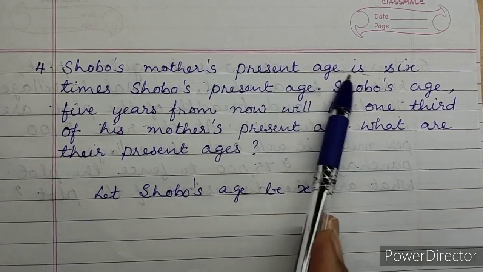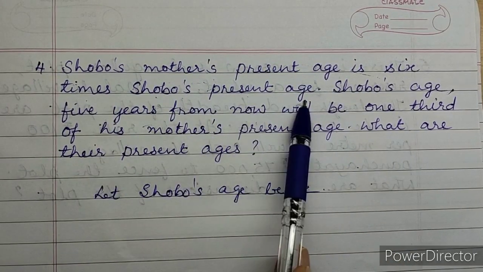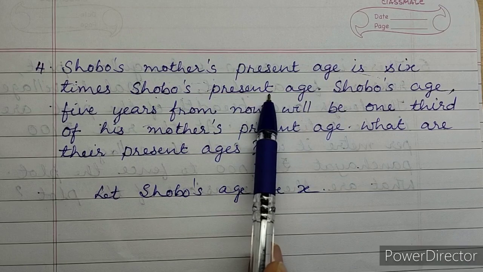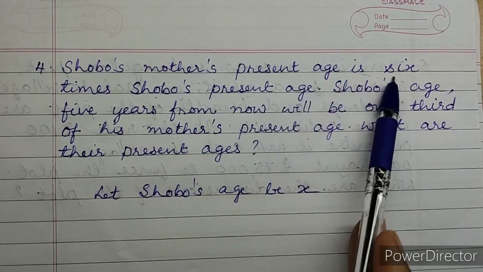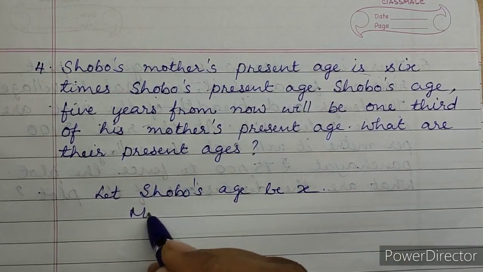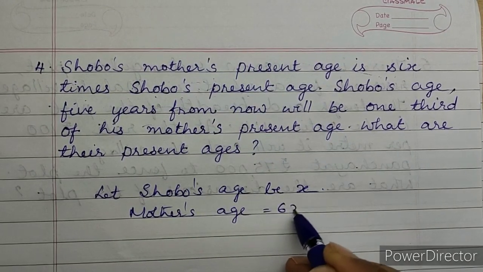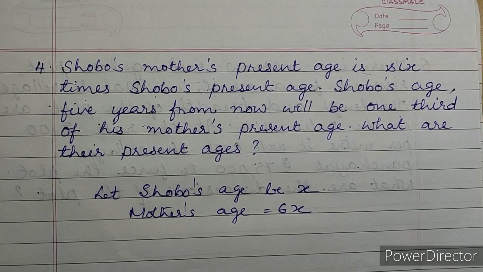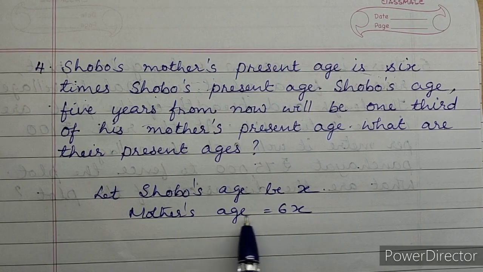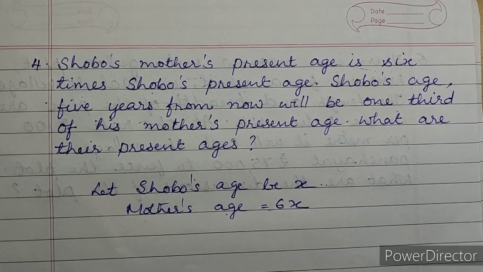Shobo's present age you have to take as unknown. Mother's age will be 6 into x, mother's age equals 6x.